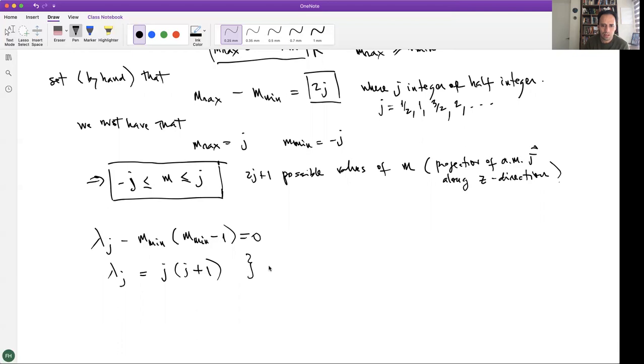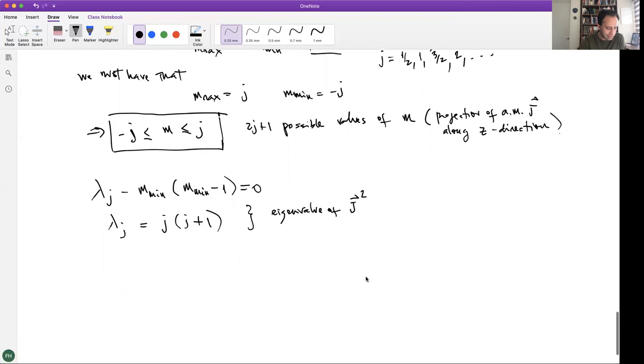So these are the eigenvalues of j squared. The square root of this is the length of the angular momentum vector. We will see that in more detail next class.